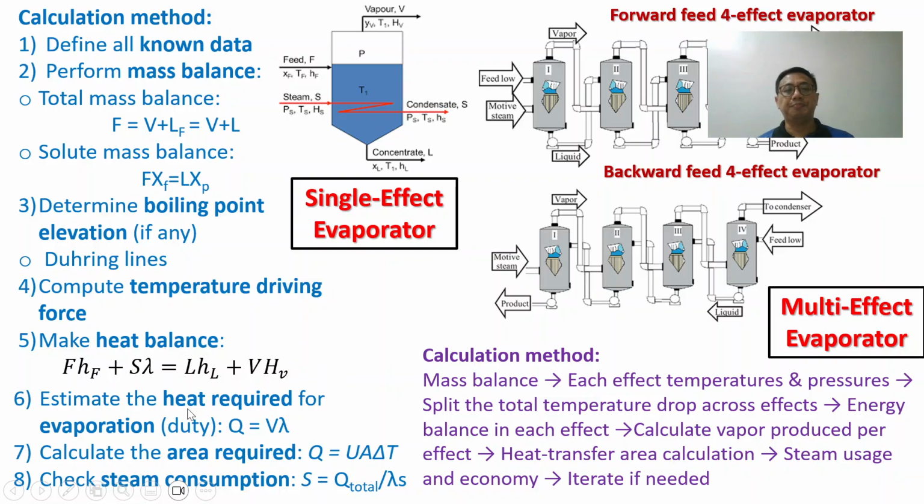So this is the energy balance, or heat balance. Once we have this amount, we can calculate the heat required for evaporation, the duty. It's actually the vapor times the latent heat of vaporization.